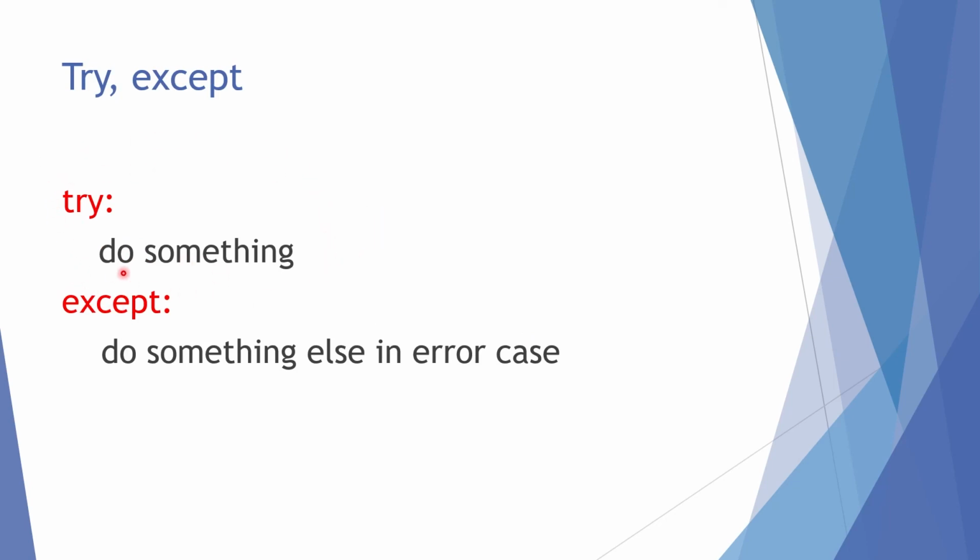In the try block we do some logic, and in case of some unexpected errors, we have this except statement which catches all these errors. It's the same as in other high-level languages where we have the try catch, but this syntax is try except. Good. Let's see how this works.